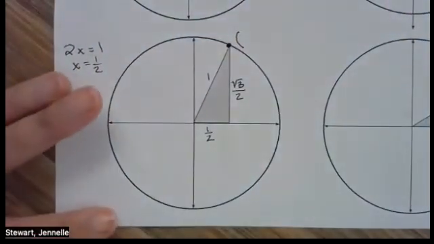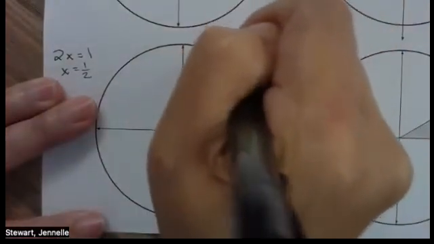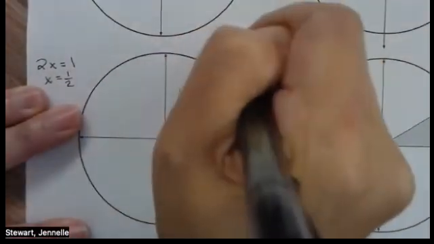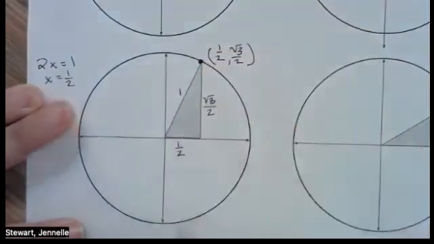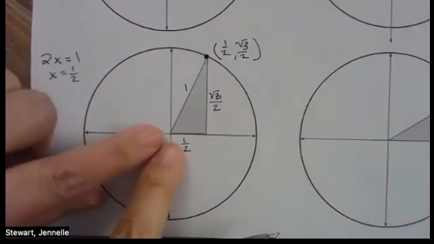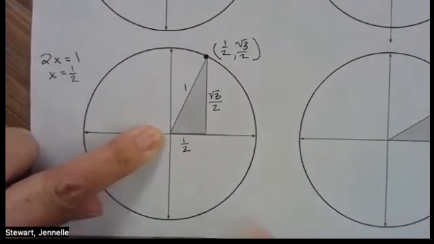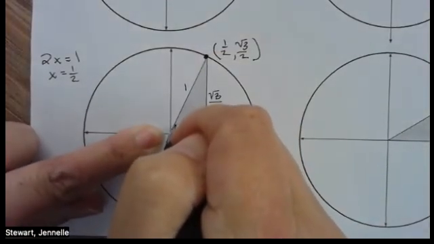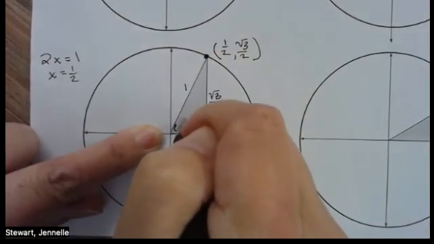What's my x coordinate for this? 1/2. What's my y coordinate for this? Rad 3 over 2. Oh, look at that. Take your unit circle. What degree is this right here? 60. Isn't it wonderful that math makes sense? I love it. And I get paid for this, you guys. This is great.